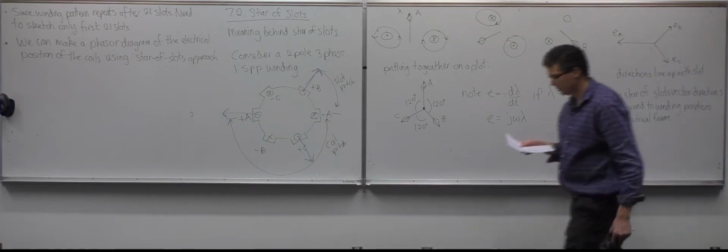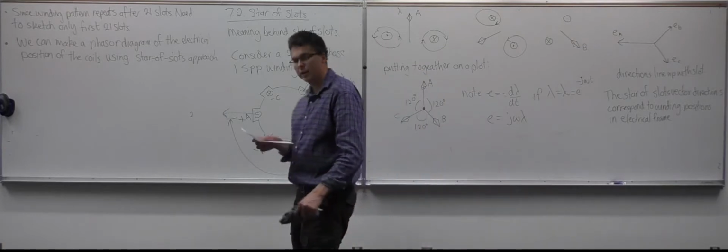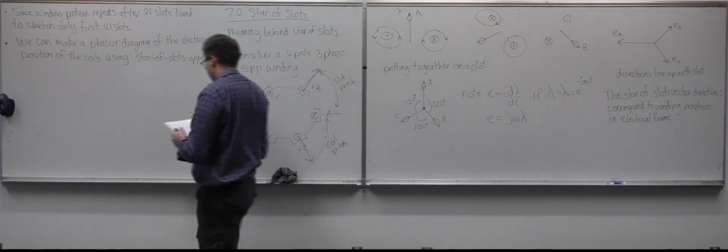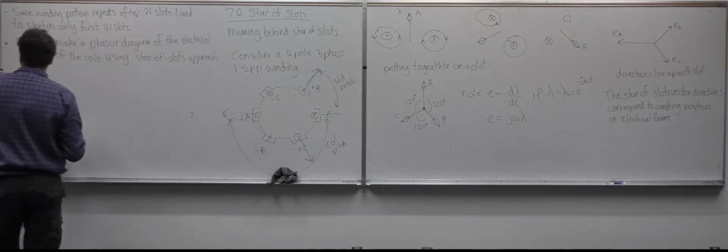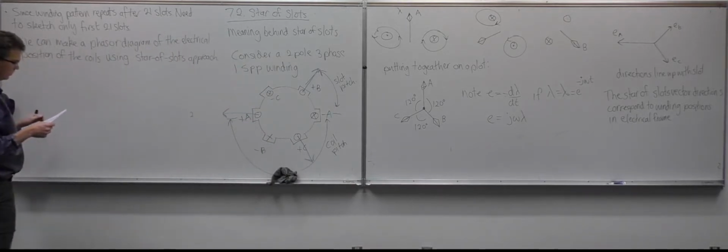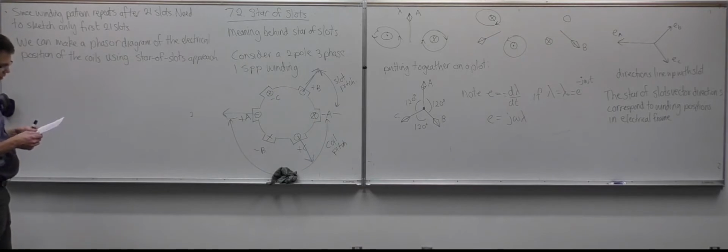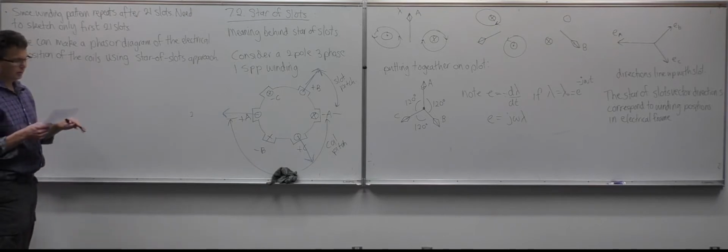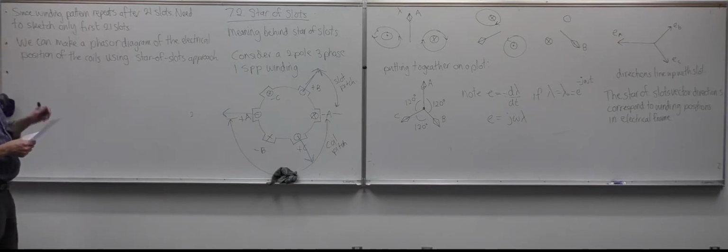And let me just say one more thing before I show the handout. When doing the star slots, we have to start somewhere. So we can treat the first coil as being at an angle of 0.